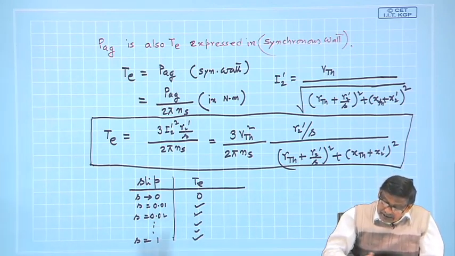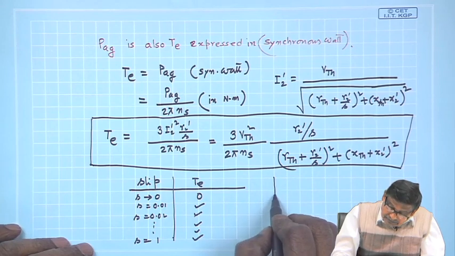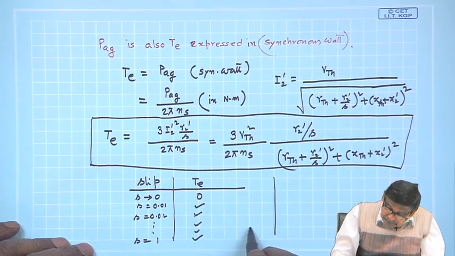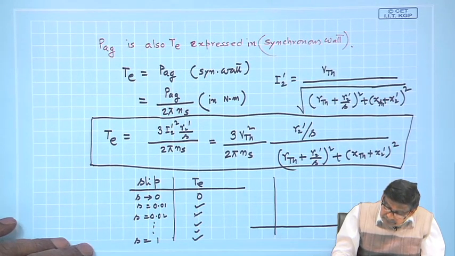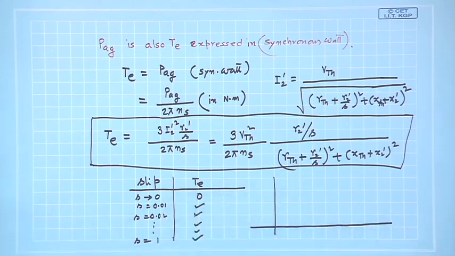After that, I can plot this for a given machine. Suppose this is slip equal to 0 and this is slip equal to 1, this axis is slip.